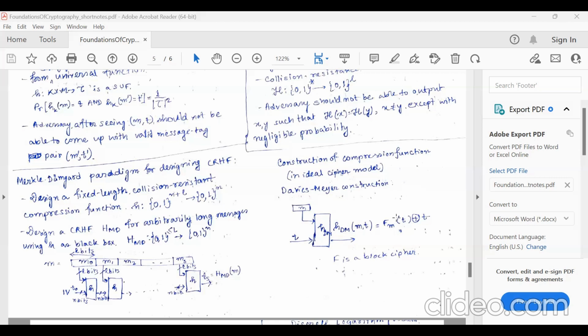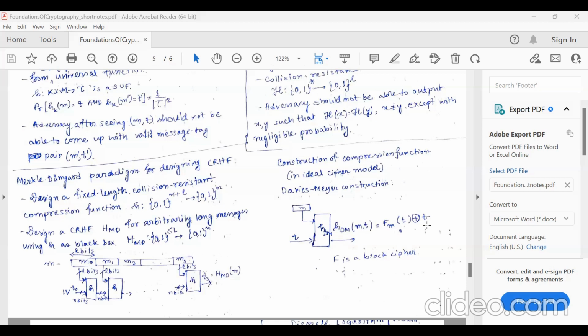You apply a block cipher, which is also a PRP. So F_M of T: M acts as the key of the block cipher, which has length l, and T is the input to the block cipher, which has length n, and with an n bit input, the PRP outputs another n bit output. With that, you XOR this n-length T again, giving F_M of T XOR T. That is the construction of the Davis-Meyer function.